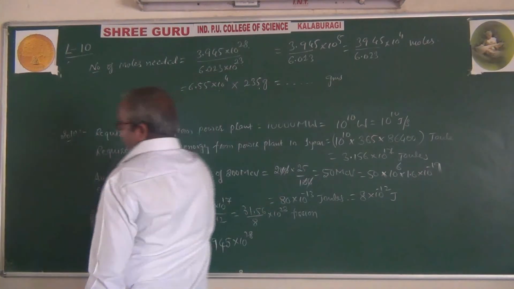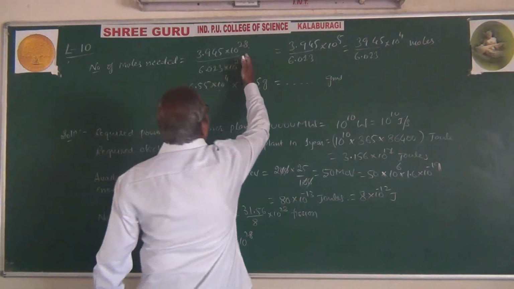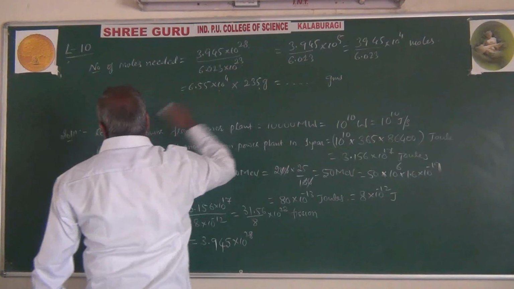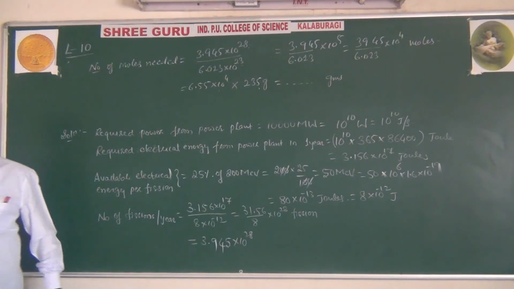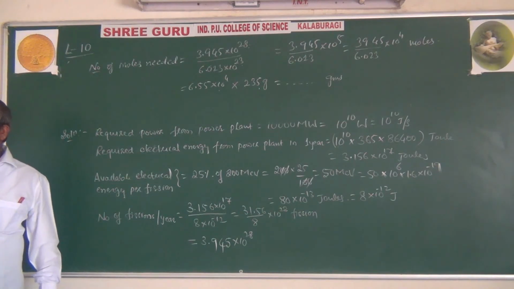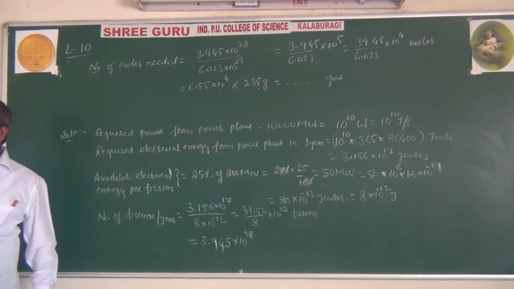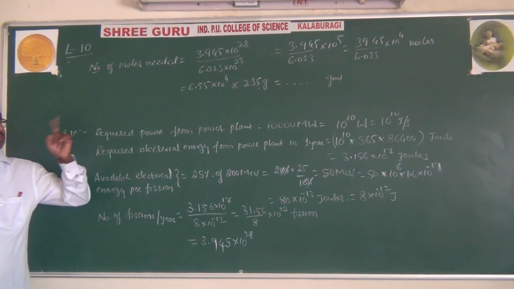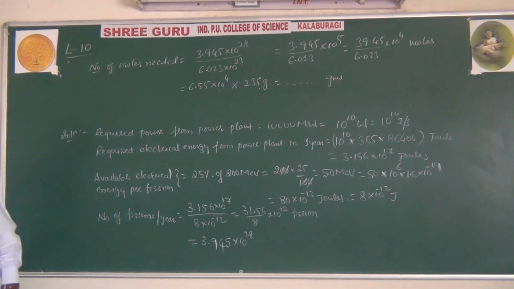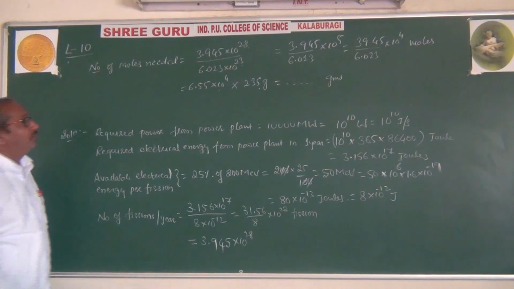After the multiplication, 6.55 into 235 is nearly equal to 1.54.